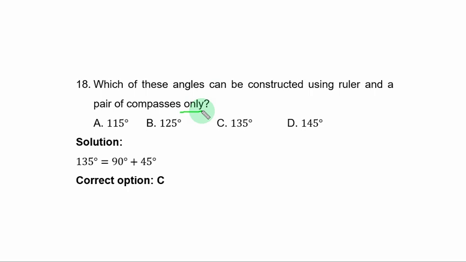So if you check all the angles, you look for the one that, if you add any of the basic angles, 30, 60, 45, 90, any two, will give you the result. That should be 90 plus 45, all in degrees, and that gives 135 degrees. C is the correct option.